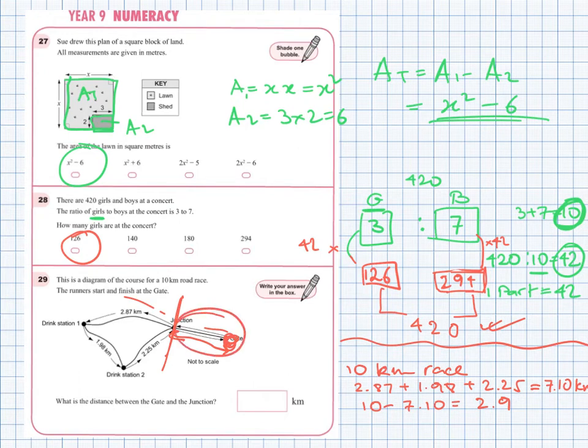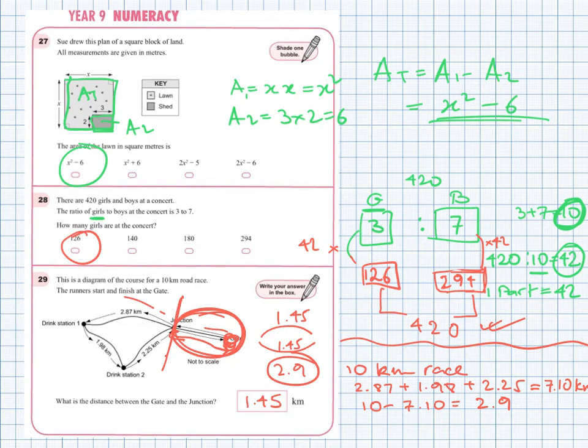But please remember that this is run twice. So if left over here, it's like once and twice. So altogether is 2.9. Then it means that each is what? 1.45 and 1.45. So therefore, from the gate and the junction is 1.45.